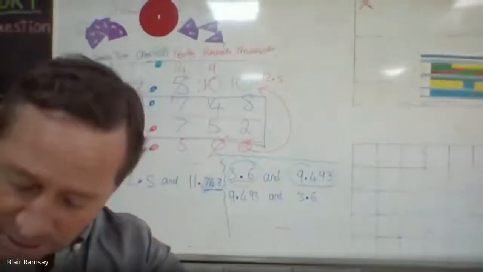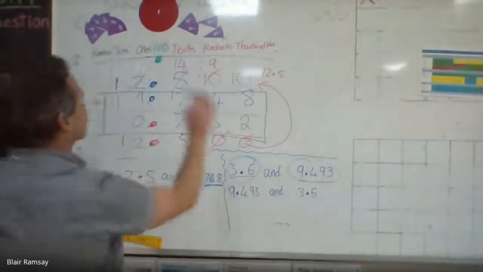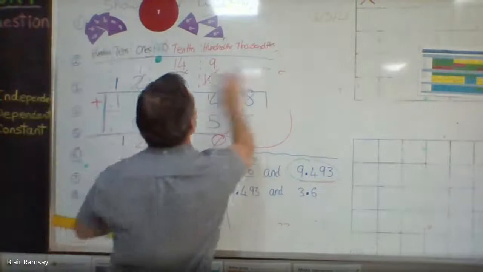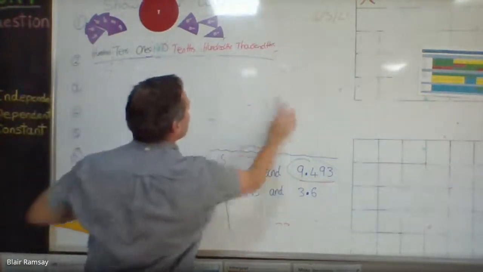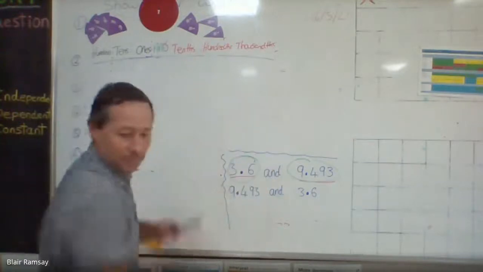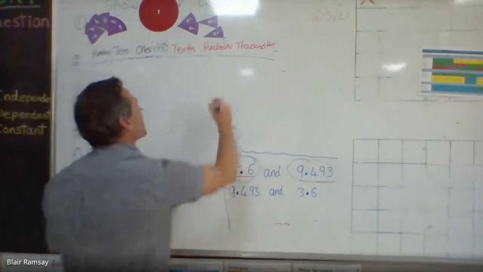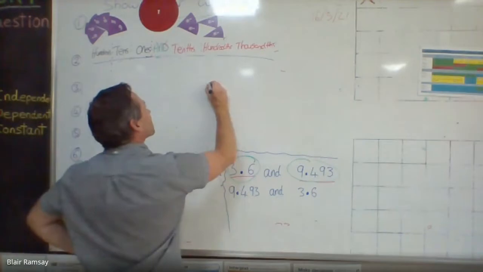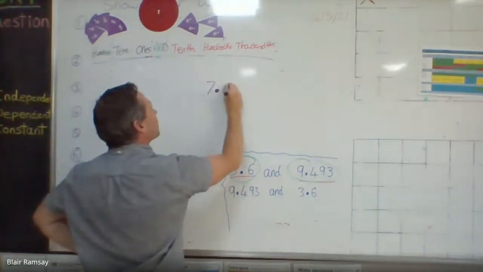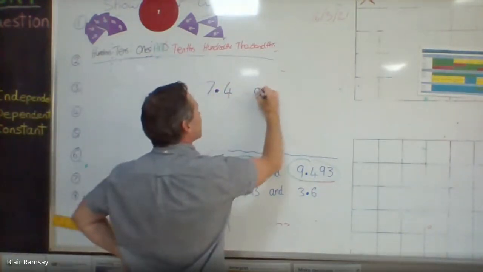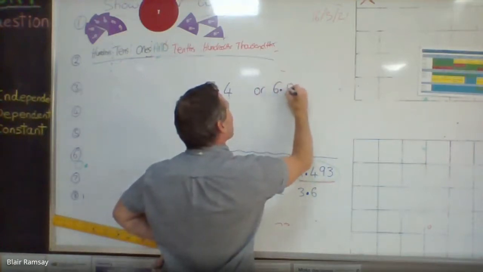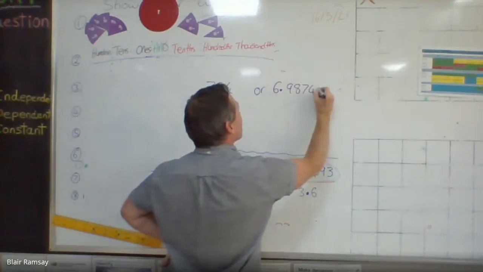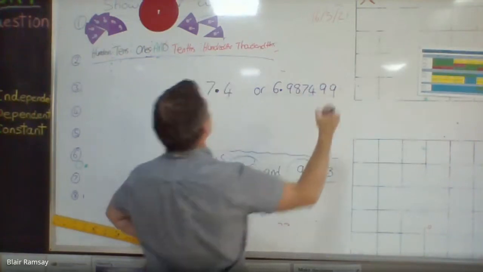One other little bit of advice is, when you get all of these things here, what you want to do, just to help you decide which one's bigger, is this. 7.4, which one's bigger, 7.4 or 6.987499?